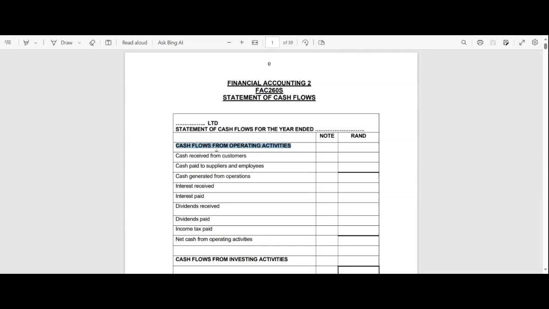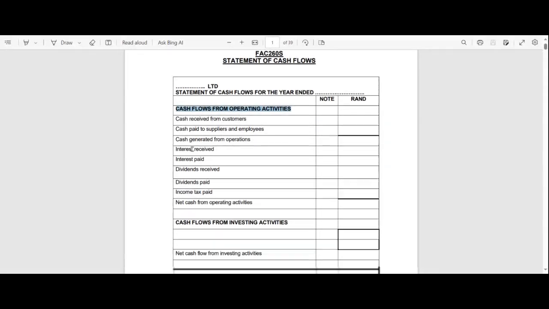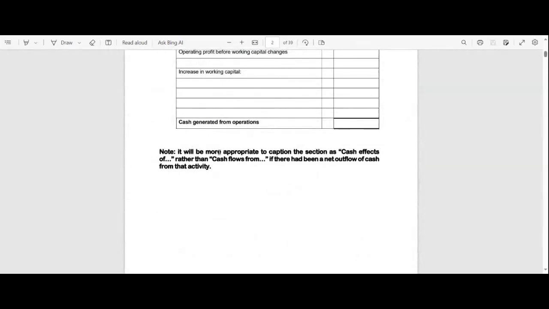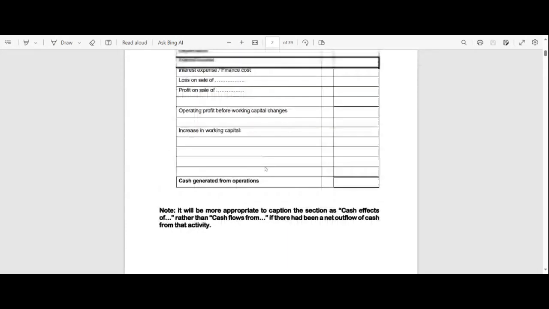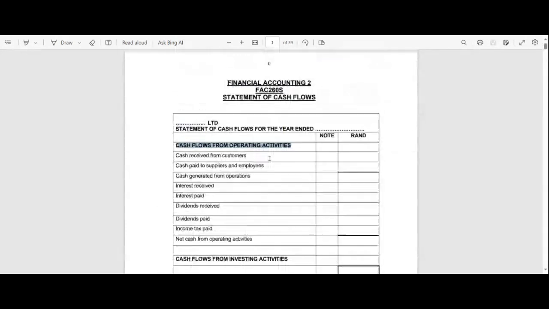So I would rather suggest that perhaps you use the words cash effects of operating activities. That is what we basically typed here. It will be more appropriate to caption this section as cash effects of operating activities rather than cash flows from operating activities if there had been a net outflow of cash from that particular activity. So the choice is yours.